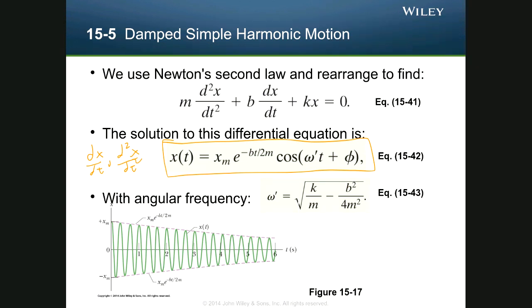And you will find that when you put this solution in for each of these three terms, for x, dx/dt, and the second derivative, it equals 0. And you'll find that there's a modified angular frequency, right? That omega prime, it still has this k over m term, but it'll have this modification, b squared over 4m squared.